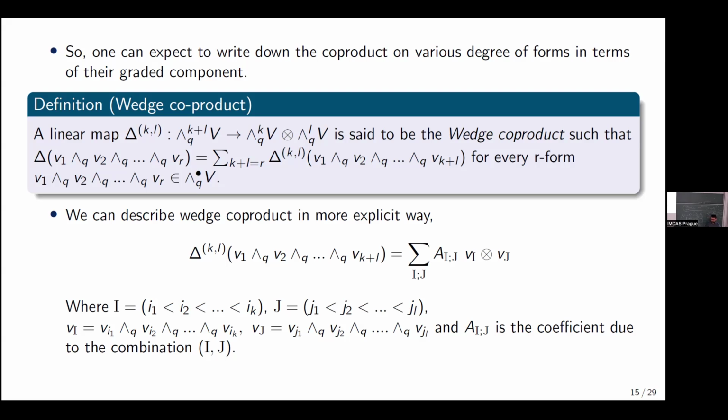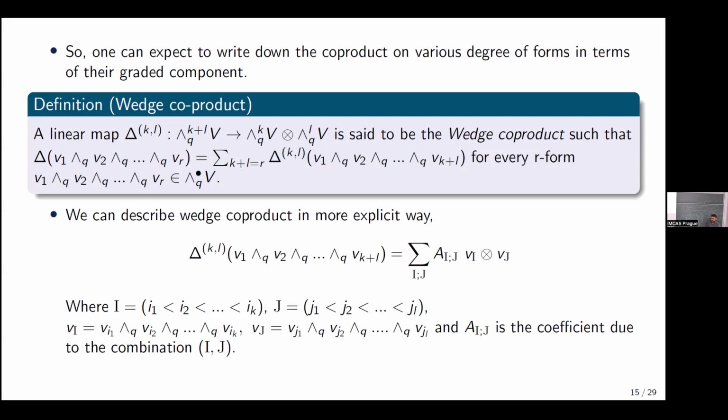And not only that, the main idea is to have the explicit version of this wedge coproduct. So this is the second point. One can try to write this (k+L) form in this way. So here we are actually doing some combinatorics basically.